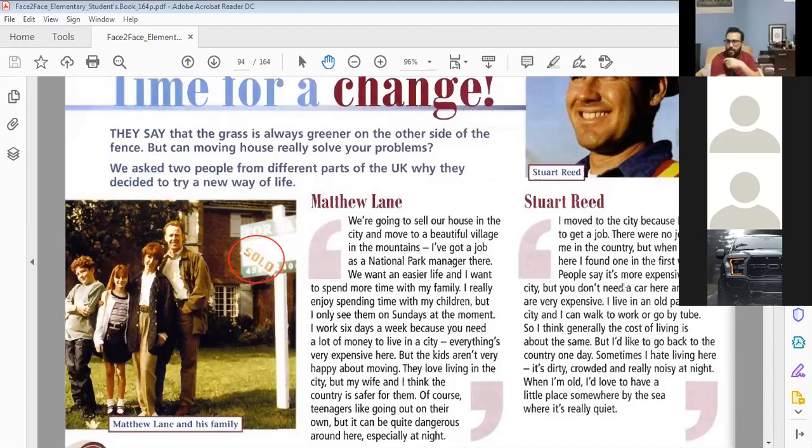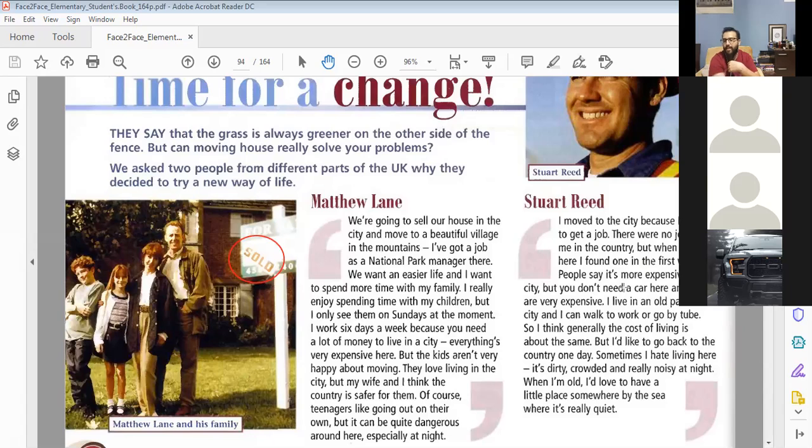Because the country is expensive. Are you sure? If the city is expensive, why did he go to the city? I don't know. He goes to the city because he gets a job. Yes. So he moved to the city because he wanted to get a job, right? And he said there were no jobs for me in the country, right?